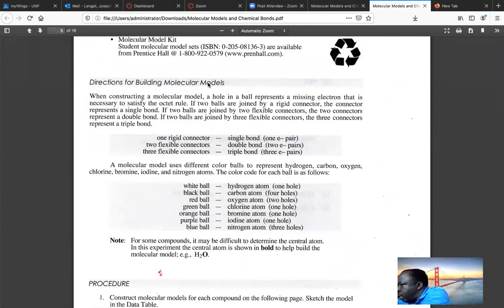Before me, I have a bunch of models right here. You see there are different models with different colors. There is orange, there is white, there is green, and there is a box having all of these. The hydrogen is white with one hole, the black one has 4 holes, and the red one has 2 holes. This is why I had red for oxygen. And the holes represent what we call valence electrons.